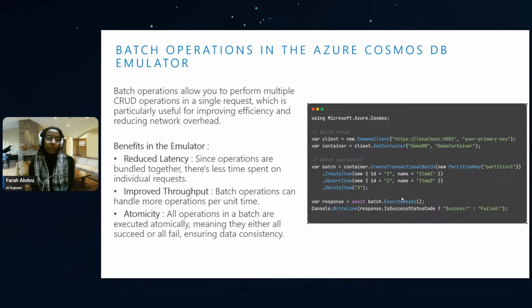The benefits are that it will reduce the latency and improve the throughput and the atomicity, so we can handle more operations per unit time. We have less time spent on individual requests, and all the operations in a batch are executed atomically. Atomically means that they all either succeed or all fail, so we can ensure that the data is consistent.